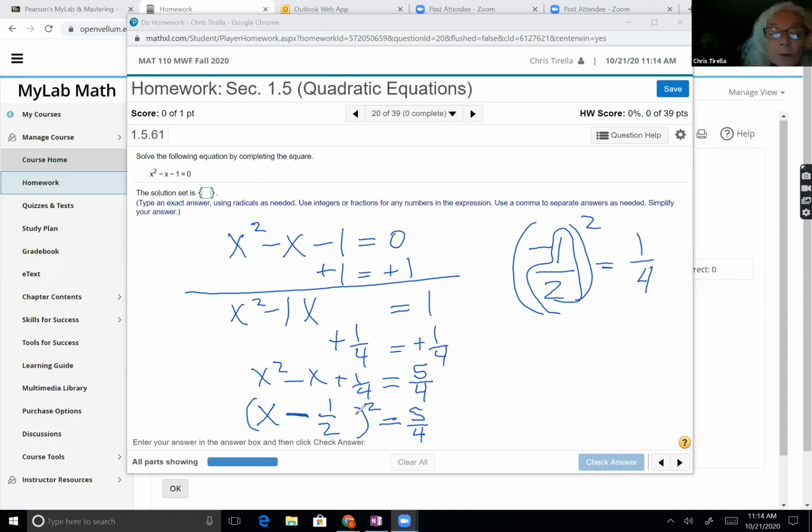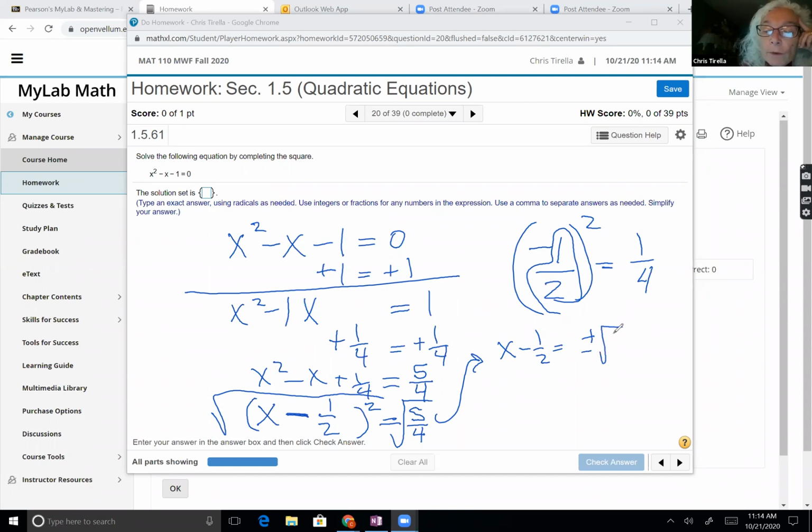So now when I use the square root property and I take the square root of both sides, I get x minus 1/2 is equal to plus or minus the square root of 5/4.